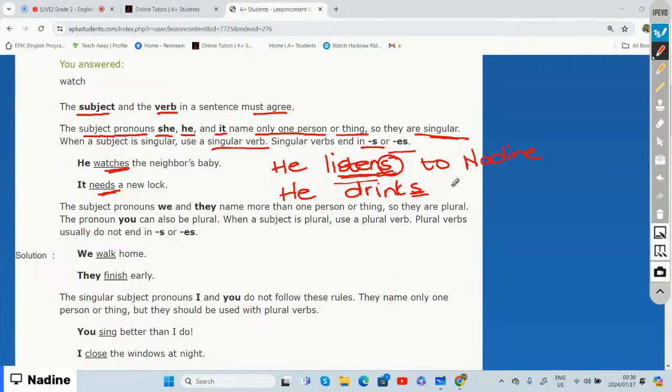So he drinks Coke, right? She, referring to a girl: she plays netball.